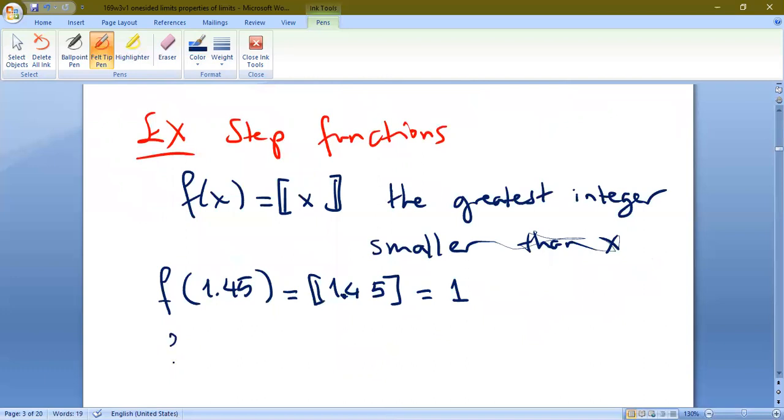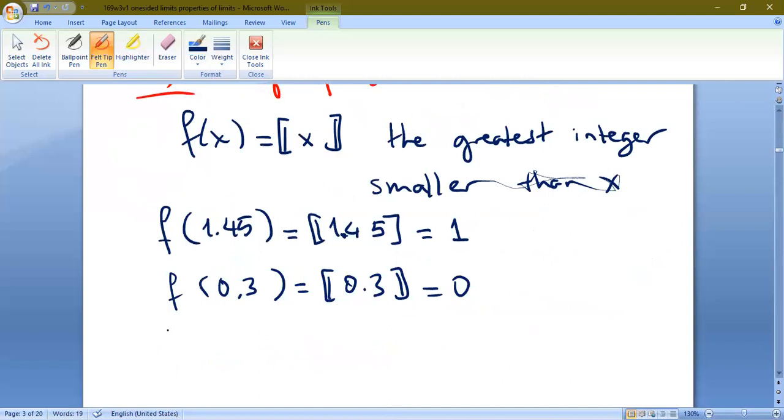Or you can also have, let's say, 0.3. Then this function gives 0. For negative numbers, if you have, let's say, minus 0.6, now we are going to think about the greatest integer, but less than this number. So that number is minus 1, okay?